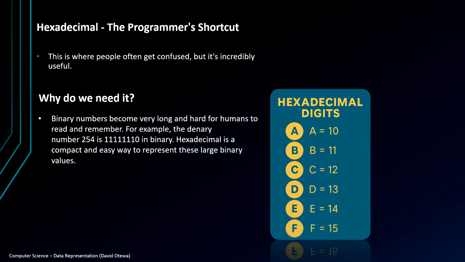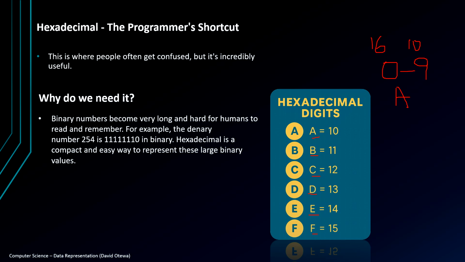This is where people often get confused, because we say hexadecimal is base 16, right? But it starts from 0 to 9, so these are already 10. So from 9, in denary, the next would be 10, but for hexadecimal, the next is A, then B, then C, D, E, F, up to 15.